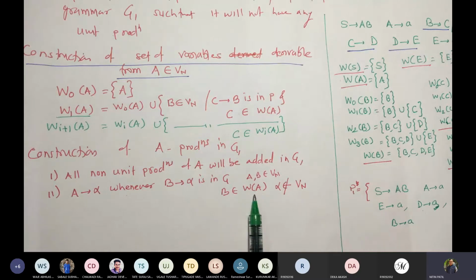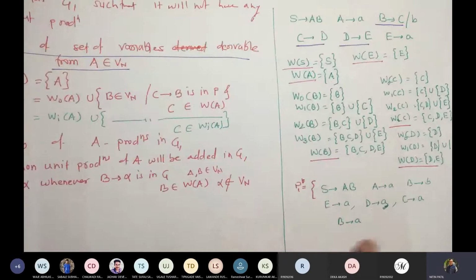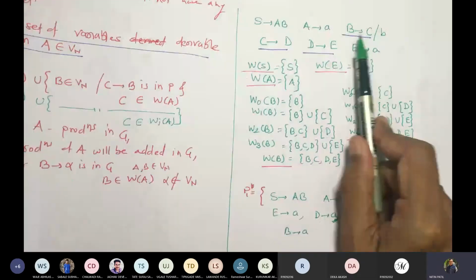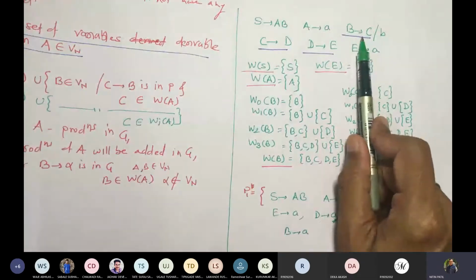So if B belongs to W of A, what will we do? Whatever terminal or terminals B is giving us, those would be replaced here with A gives alpha, because A gives B would be there, and as A gives B, that's why this B belongs to W of A. Am I correct? Yes, sir. Okay, so what we did here, we started with this. When we talk about B gives C, do we know what C gives?